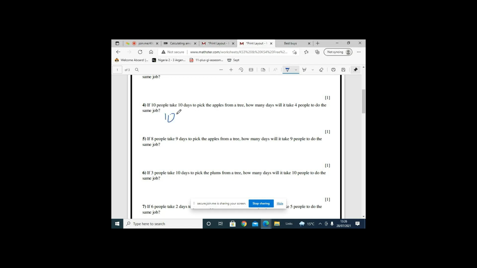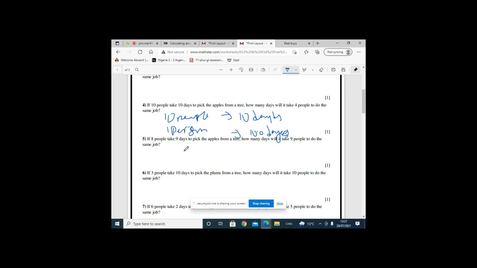If 10 people take 10 days, one person will take 100 days, because one person will be doing the job of 10 people. So it's going to take 100 days to do that job.